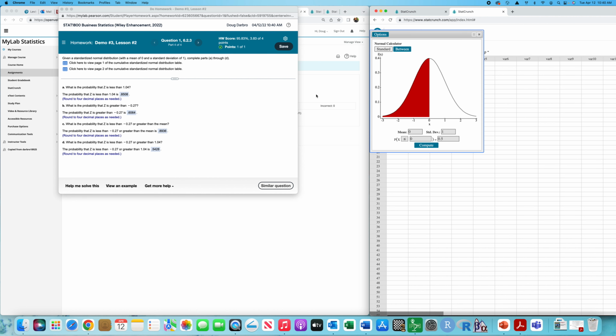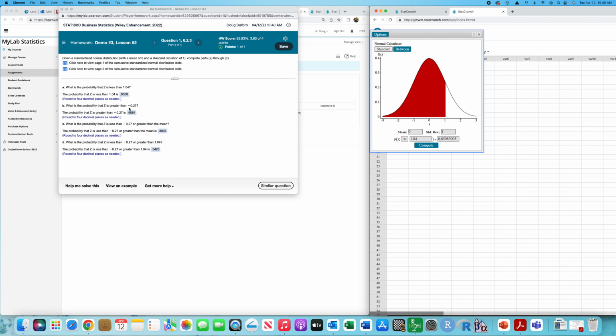Now I can set my mean to 0, my standard deviation to 1. I need a probability that z is less than 1.04. And I get it. If I did that using the table, I guarantee you that you couldn't have done it that quickly.